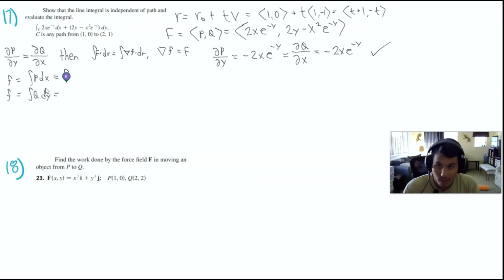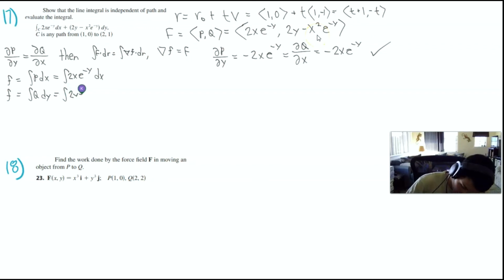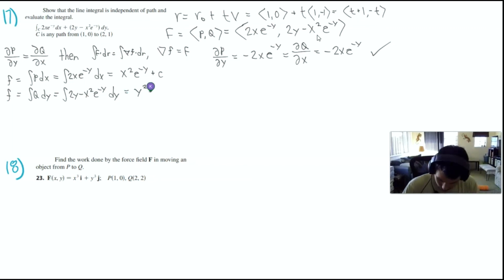So P, what is P? Oh, P is this, 2x e to the negative y dx. What is Q? Q is this, 2y minus x squared e to the negative y dy. Well, this turns into x squared e to the negative y plus c. And what does this turn into? This turns into y squared minus x squared.